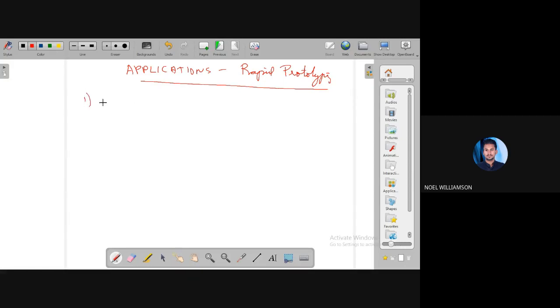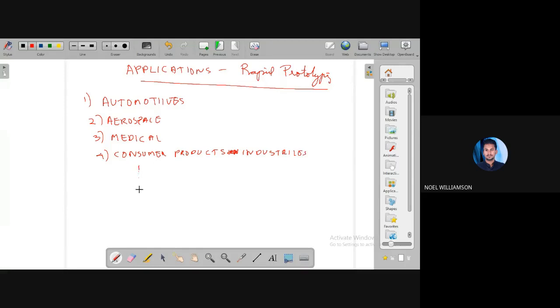Some of them are automotives, aerospace, medical field, consumer products, industries, etc. It goes on like this.